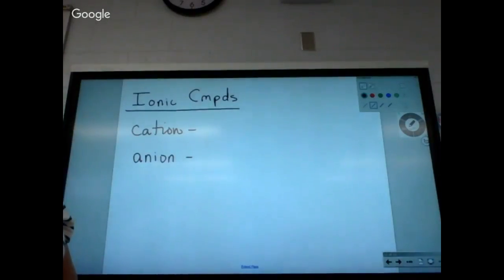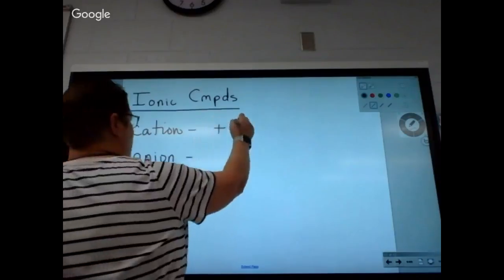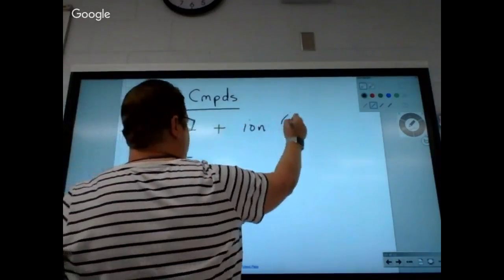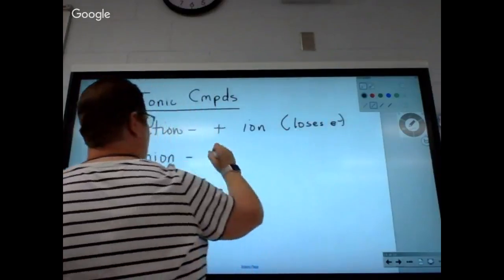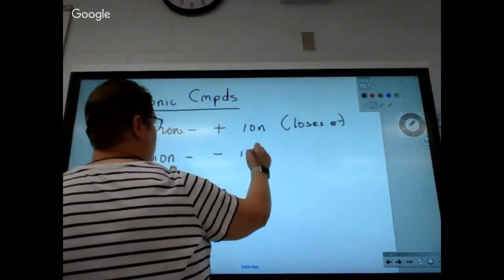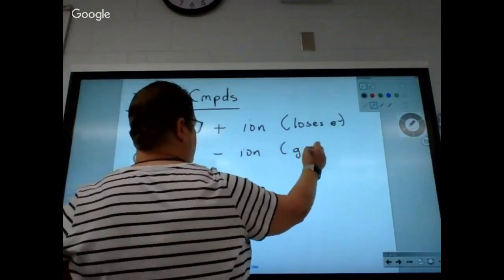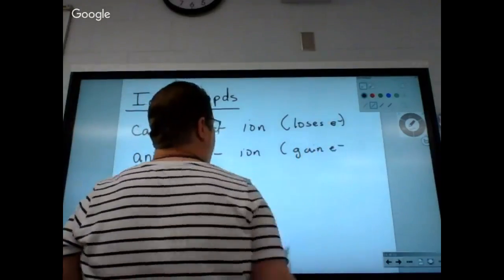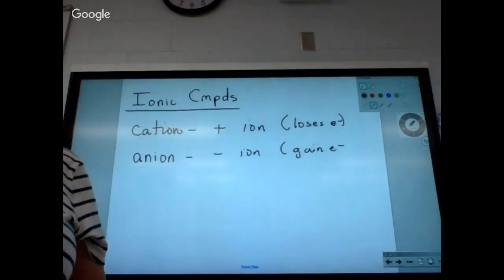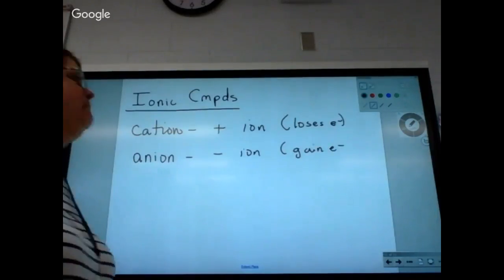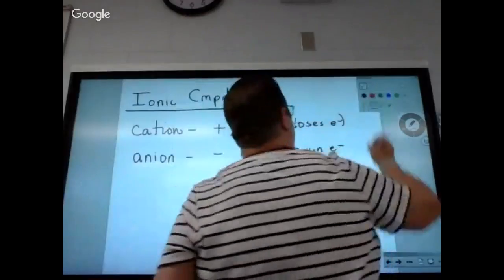What's a cation? I thought we talked about it. It loses electrons. Okay, so a cation is basically a positive ion, and it loses electrons. All right, and an anion is a negative ion, and it means it gains electrons. Now, for our purposes, over the next few days, we don't necessarily have to use the words.